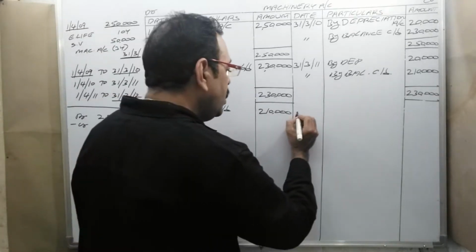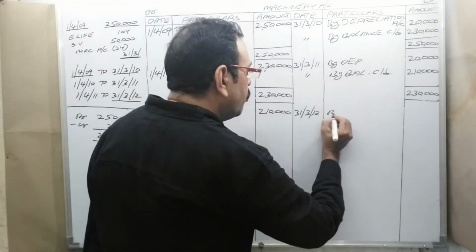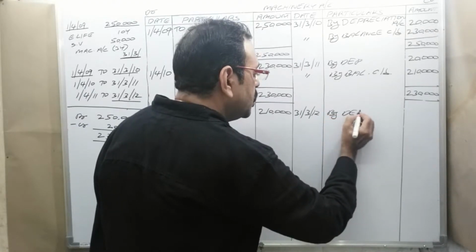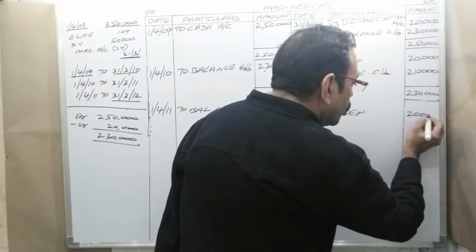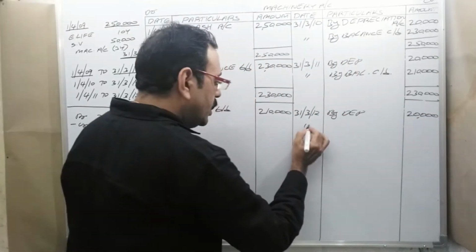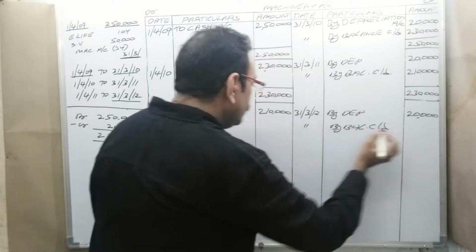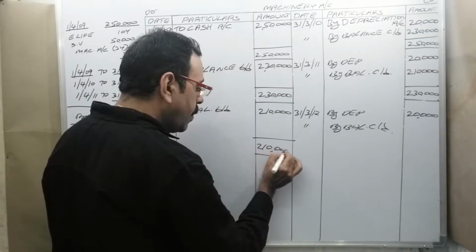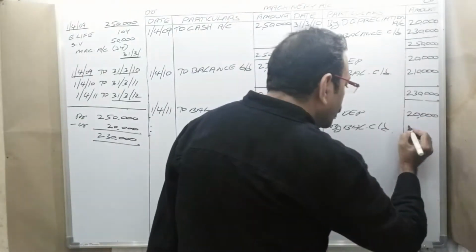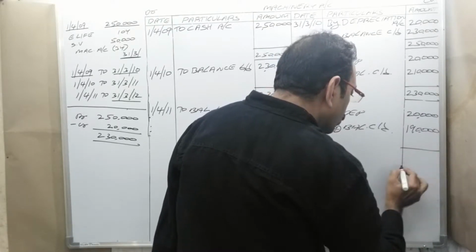So credit side on 31st March 12 by depreciation. Amount is 20,000 rupees and the balance carried down is 2,10,000 rupees minus 20,000 is equal 1,90,000 rupees.